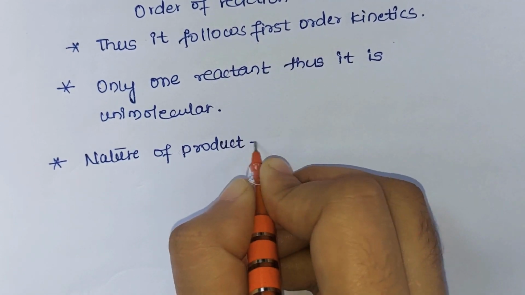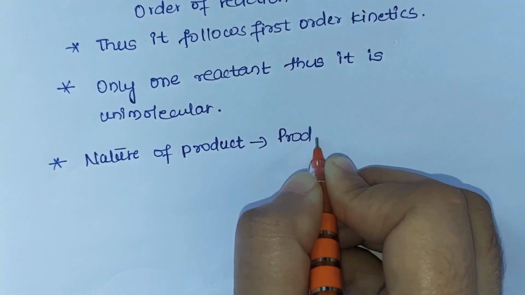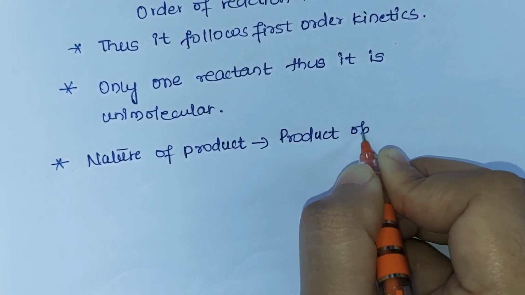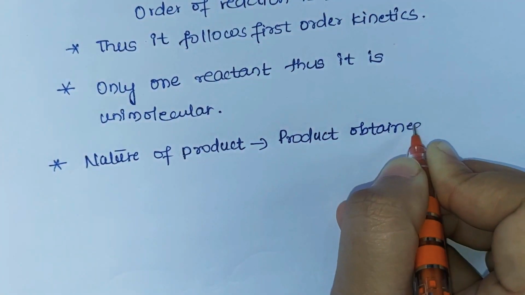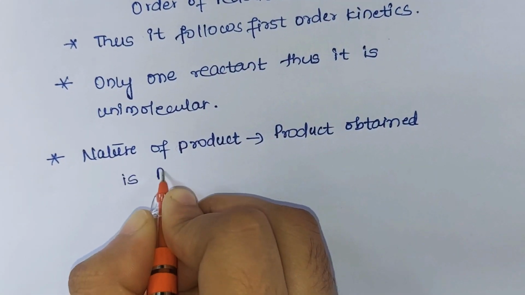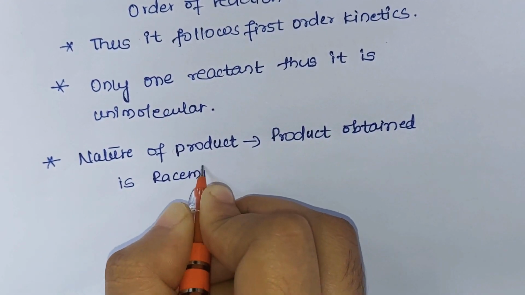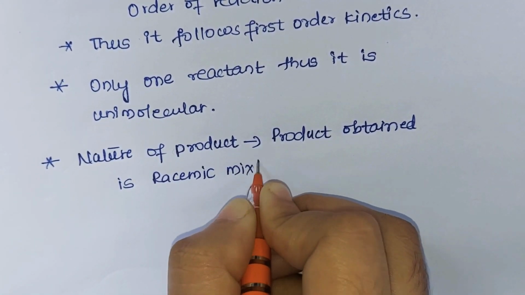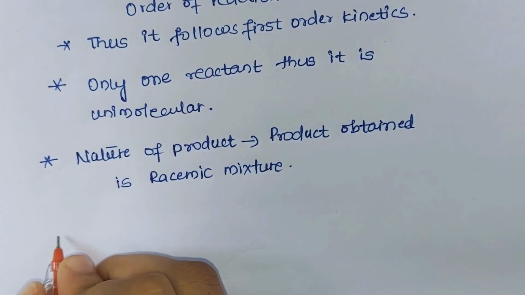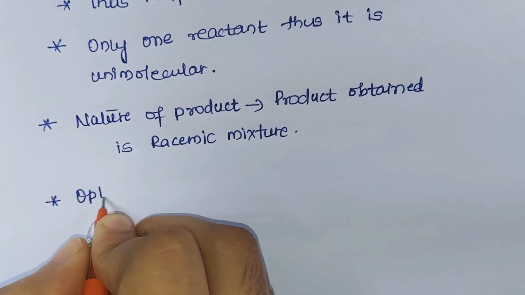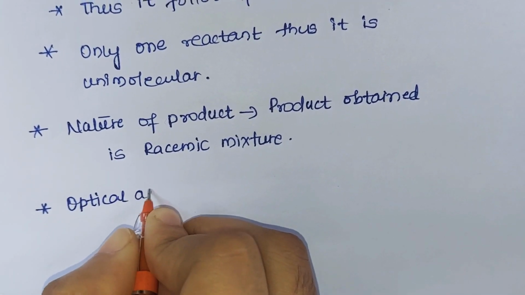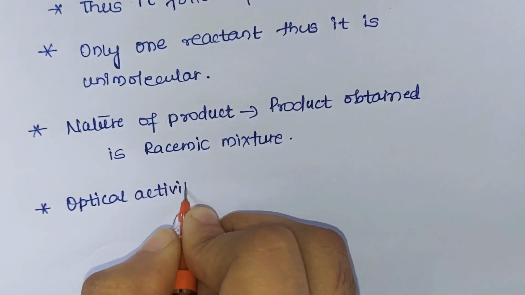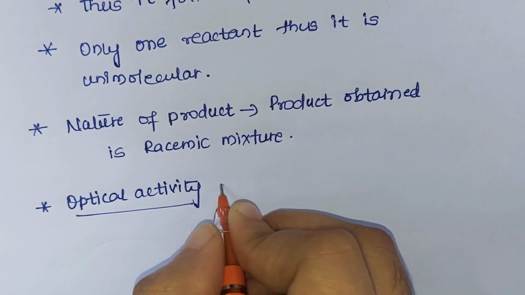Next is the nature of the product obtained. In the previous one, inversion of configuration takes place, whereas here the product obtained is a racemic mixture. That means 50% undergoes inversion and 50% retention, that is 50% dextrorotatory and 50% levorotatory, which we call a racemic mixture. We'll discuss it in detail in the next video.